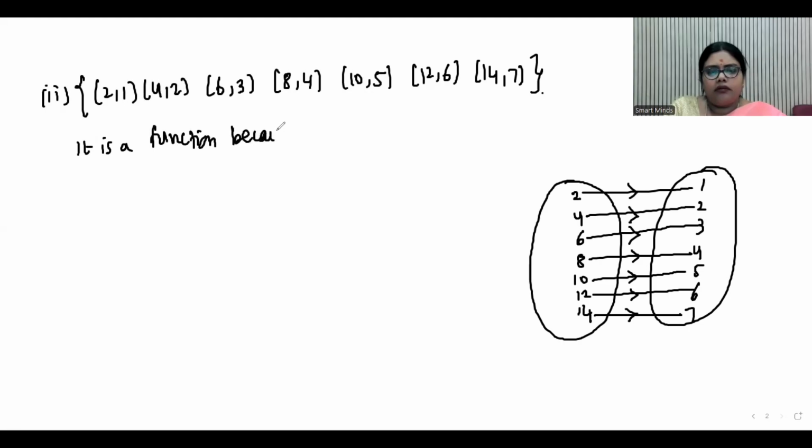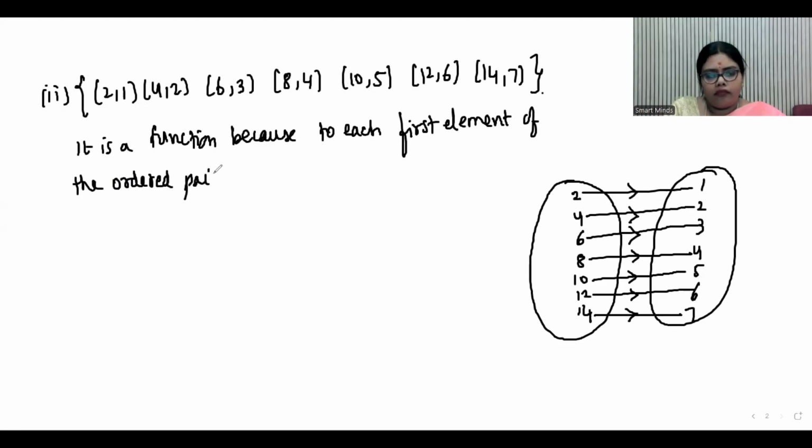because to each first element of the ordered pair, there corresponds exactly 1 second element.